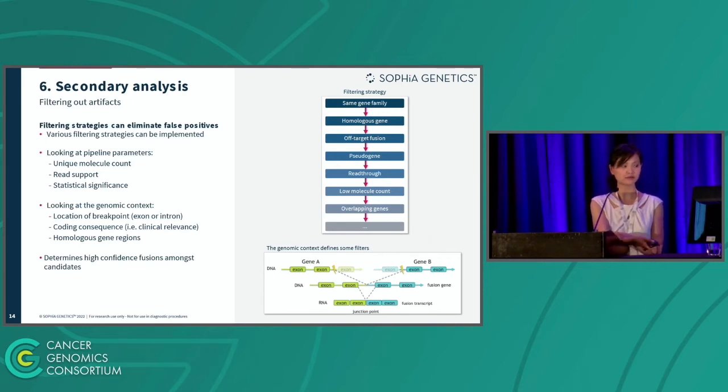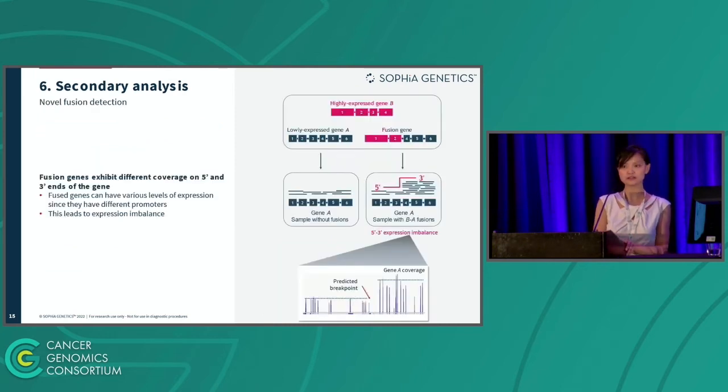And related to that, what is the coding significance of the event? Most clinically relevant fusions, their junction point is exon flanking, so you can filter a lot of false positives just by excluding intronic events. Similarly, are these events found in homologous gene regions, in pseudogenes, etc.? The point is, the pipeline needs to have filtering mechanisms to determine the high confidence fusion calls from the candidates.